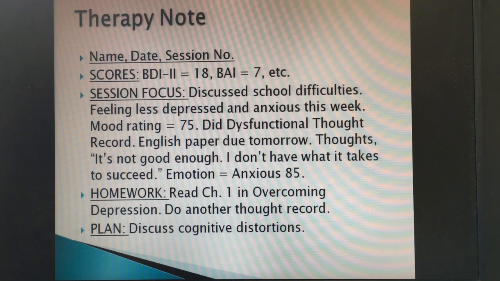The thoughts are, it's not good enough, I don't have what it takes to succeed, and there would probably be more on an actual note. The emotion was anxious, 85. The homework was to read chapter 1 in Overcoming Depression and do another thought record. And then we've got a plan.